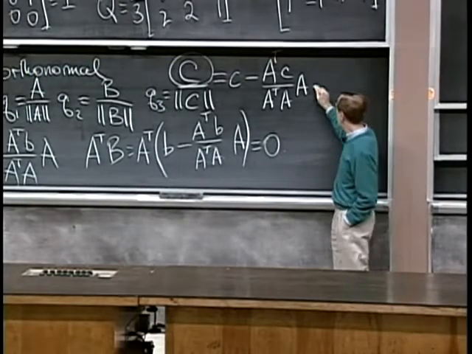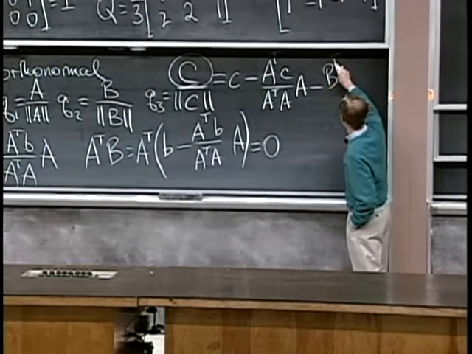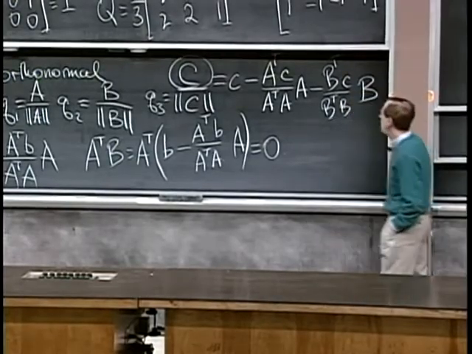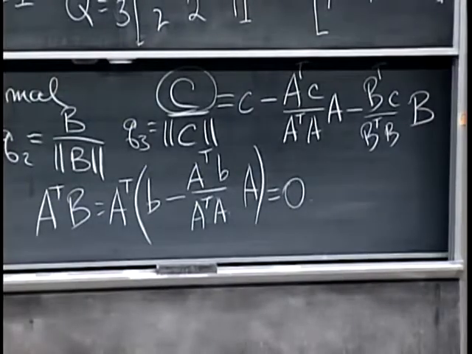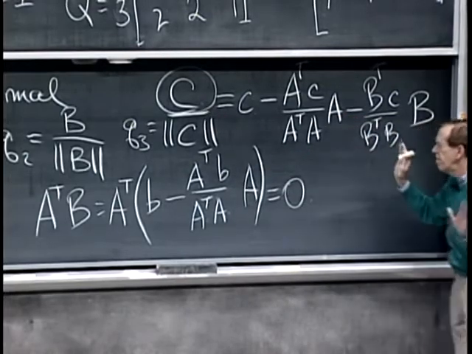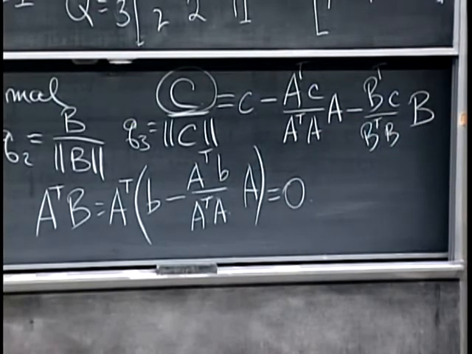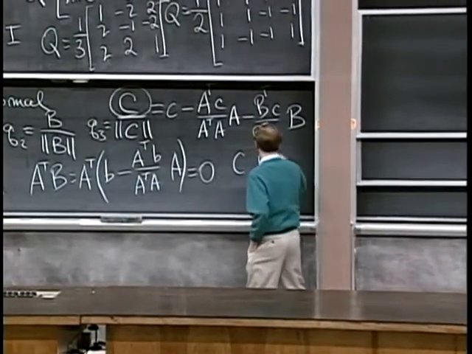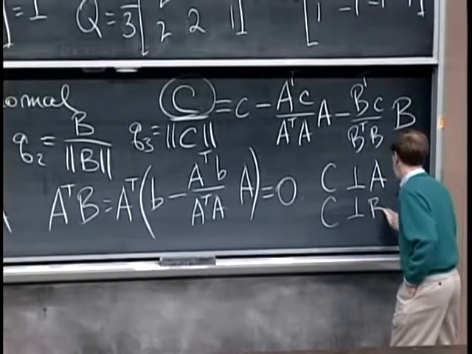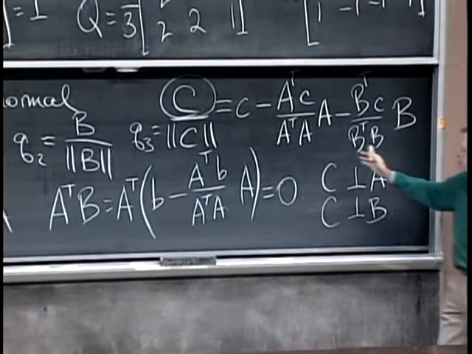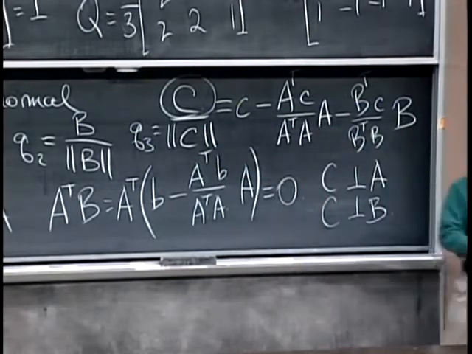And now I've got to subtract off its component, B transpose C over B transpose B. That multiple of B is its component in the B direction. That gives me the vector capital C that, if there's any justice, should be perpendicular to A, and perpendicular to B. And the only thing it hasn't got is unit length, so we divide by its length to get that too.